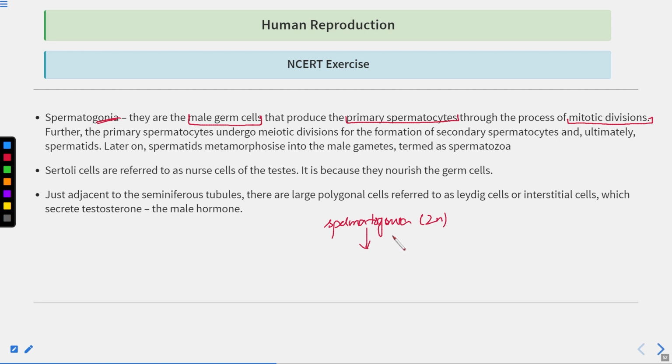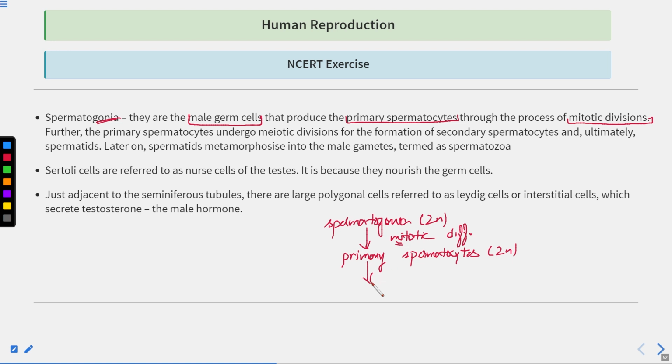First, mitotic differentiation takes place. Then what happens from mitotic differentiation? Primary spermatocytes are produced. These primary spermatocytes will also be diploid because they are produced by mitosis.